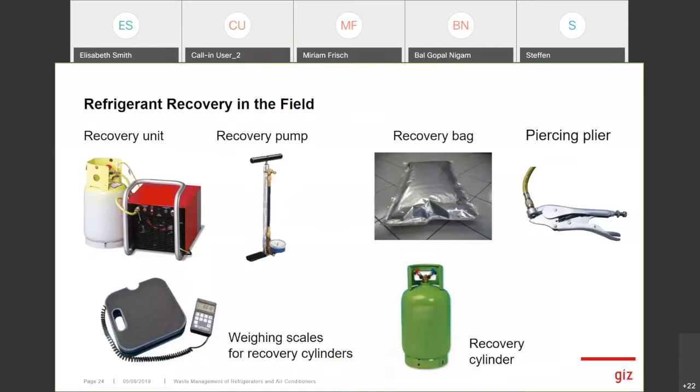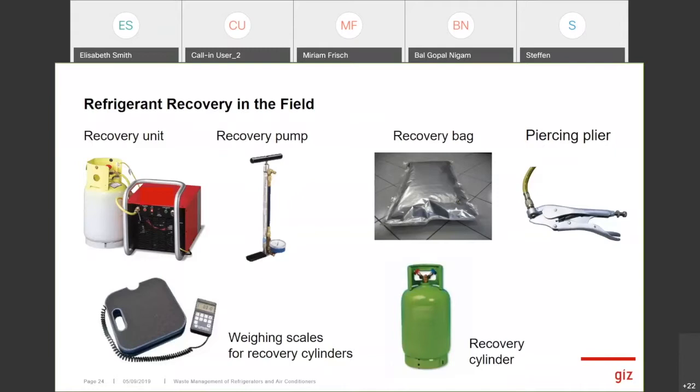Maybe there are a lot of recovery hand pumps, and this recovery hand pump is very unique for me, because for people in the field that have to recover refrigerant from refrigerators and air conditioners containing flammable gases, this hand recovery pump is very useful because it doesn't provide any source of ignition. So that's why I mentioned that.